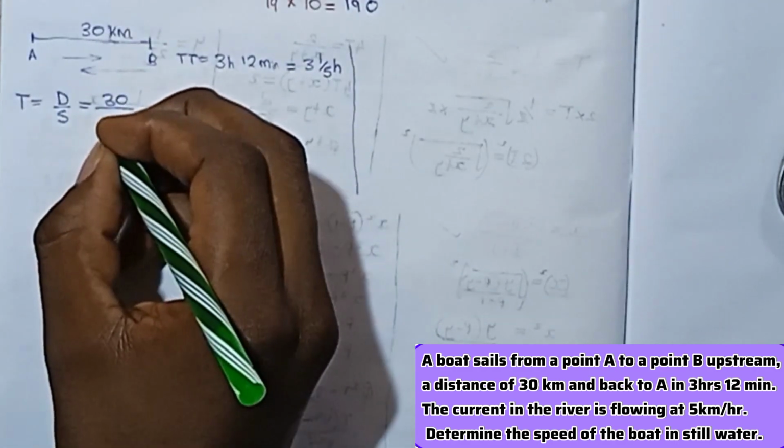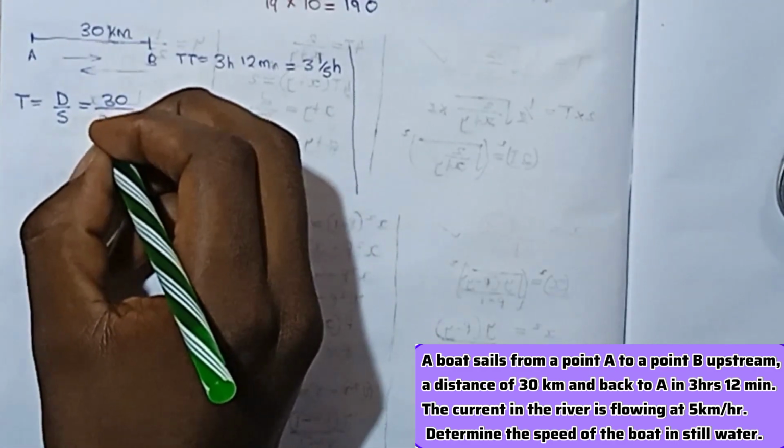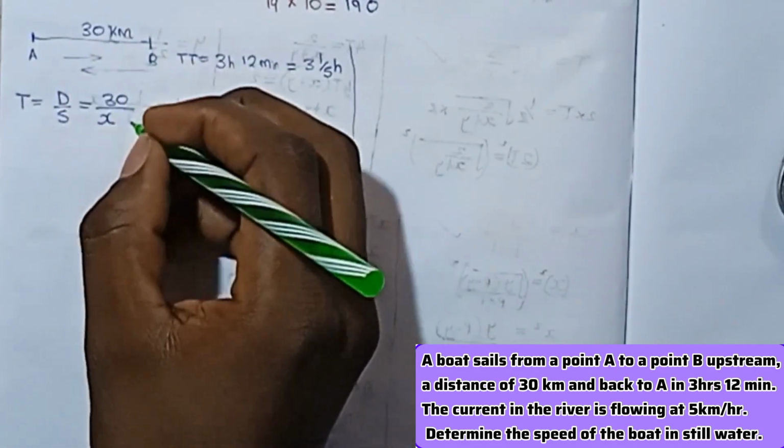Let's say the speed in still water is x, then we subtract 5 kilometers per hour.